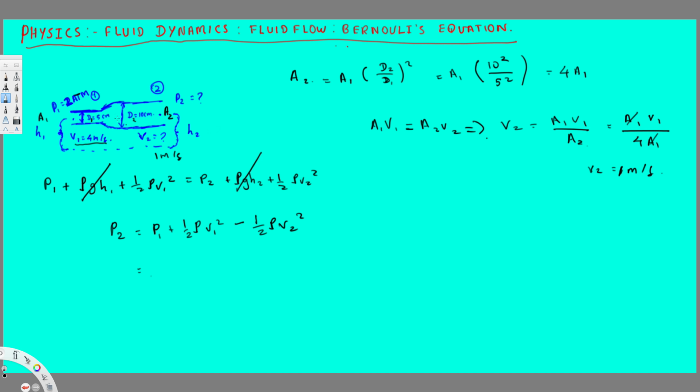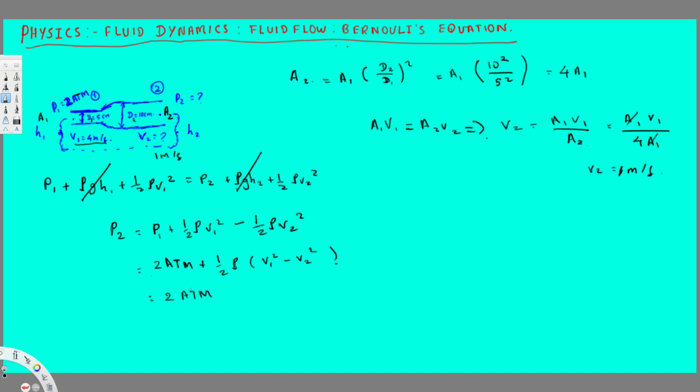P1 is known, that is 2 atm, and then we have half rho V1 square. We can take half rho common, and we have V1 square minus V2 square in the bracket. So let's calculate this one.